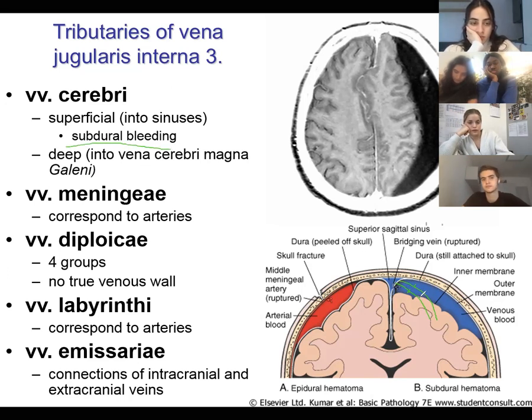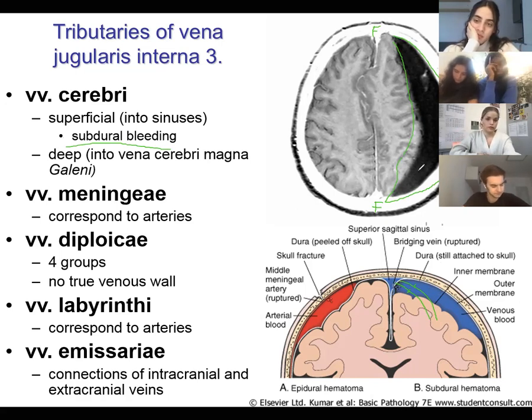And the subdural bleeding has a different shape as we are in a different layer. So we are between the dura mater and the arachnoid. And it can spread as far as the falx, which is here and here. So then the shape you can see is semilunar. It develops more slowly as it's a venous one from smaller veins.